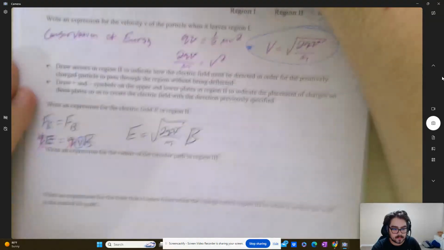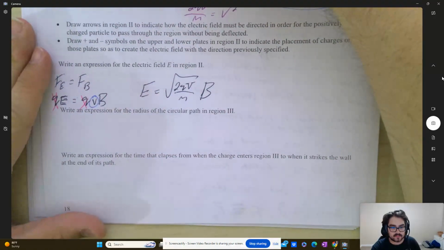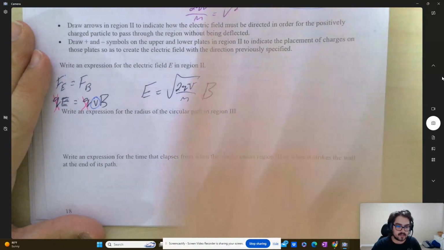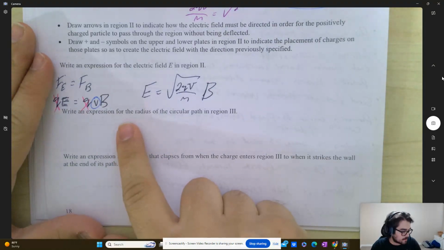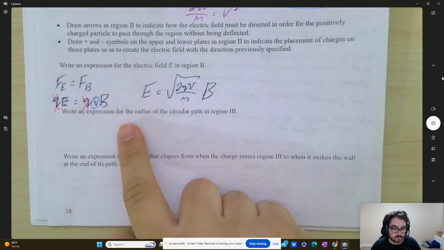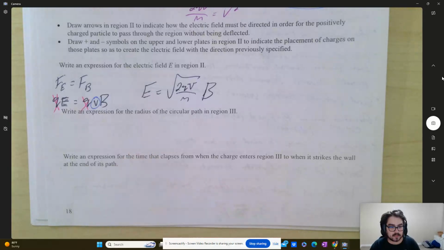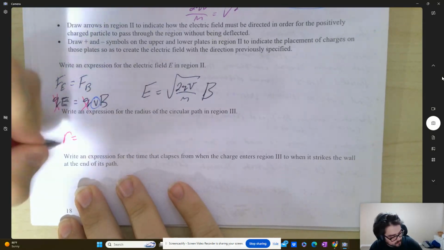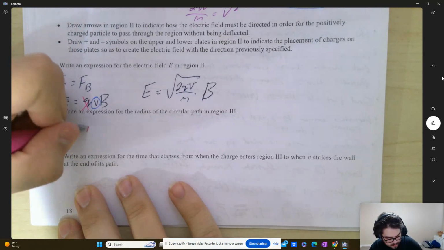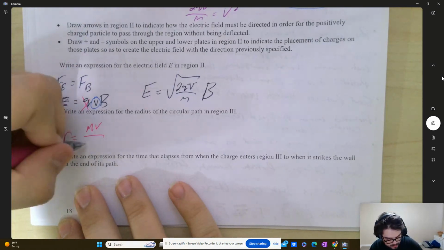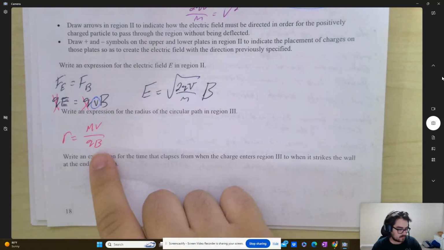Next, an expression for the radius of the circular path in region 3. In the key, I started out with qvB equals mv squared over r, but if you remember, we already wrote an expression for the radius, r equals mv over qB, so we can shortcut right to this.